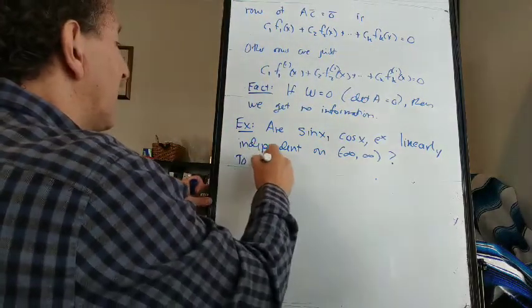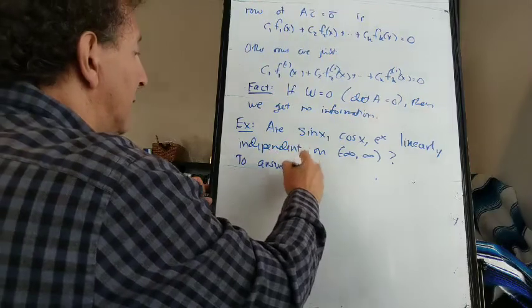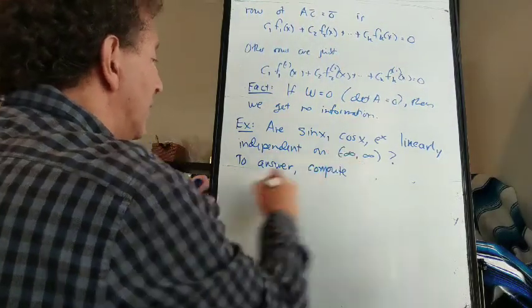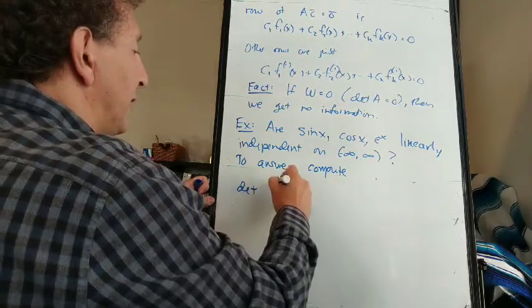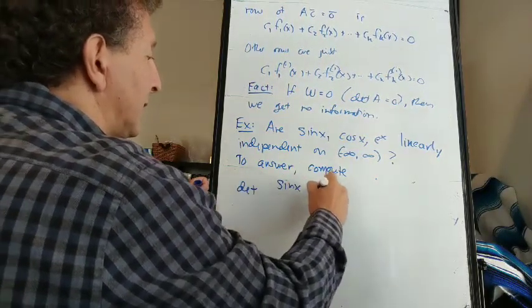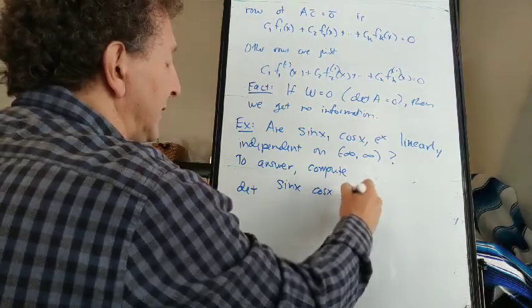So to answer, we'll compute the determinant. The first row is going to be sine x, cosine x, e to the x.